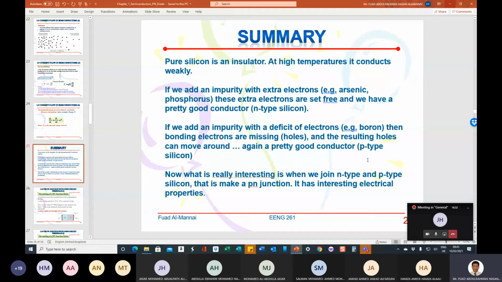Now we created N type and P type. What are we going to do with them? We're going to join them together, and we'll see what we're going to produce.